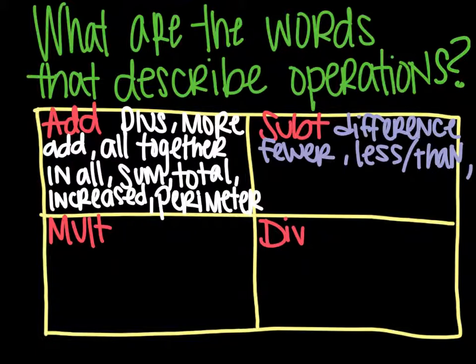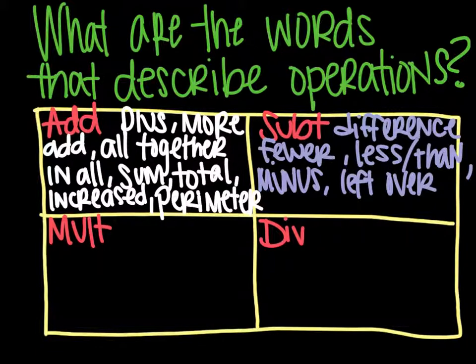You also have minus, leftover, or another word that means leftover is remains. Remains is a bigger, better word, and decreased. Now, these aren't all of them, but they are a good portion of them for you to keep in mind.